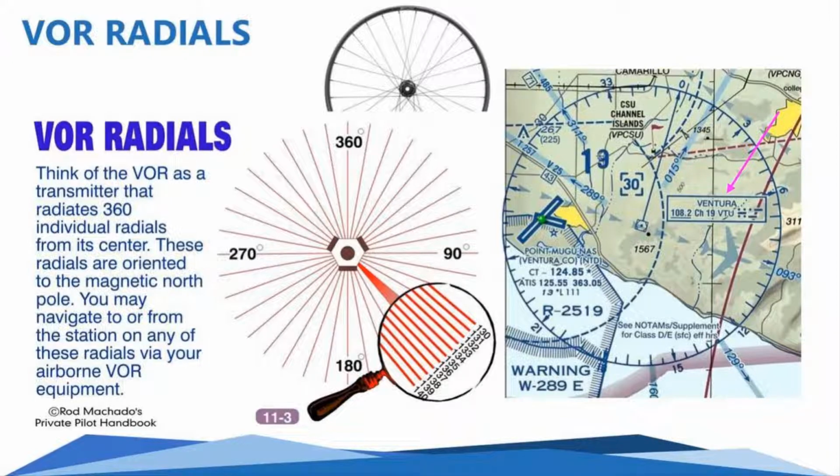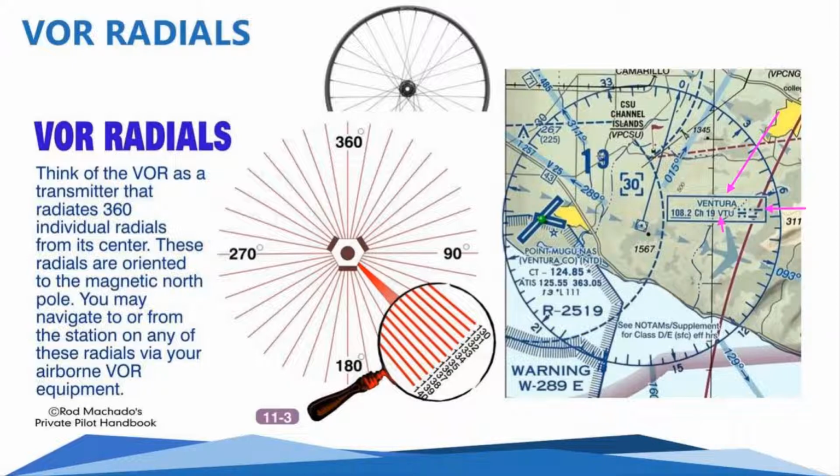Channel 19 is referring to the military channel, so we don't actually use that. And then the VTU is the identifier for Ventura. Remember, the way that we read Morse code is from top to bottom, and from left to right. So if we look at the very first line of the Morse code here, it's dot dot dot dash. That refers to the V in Ventura.